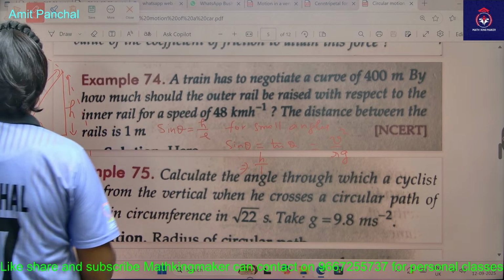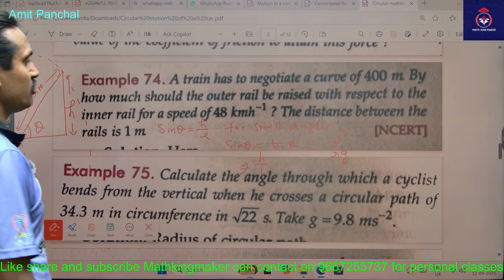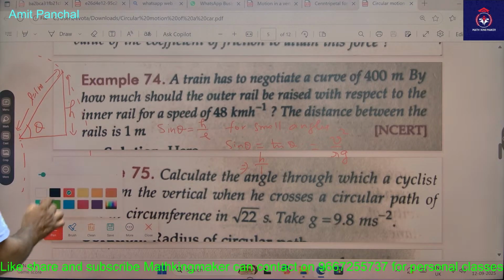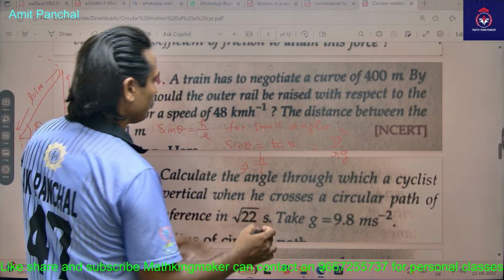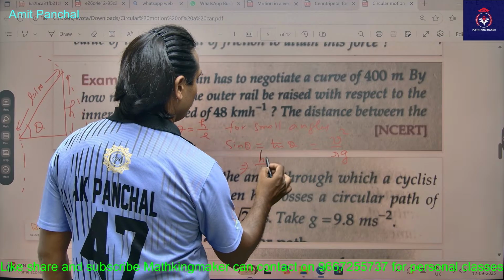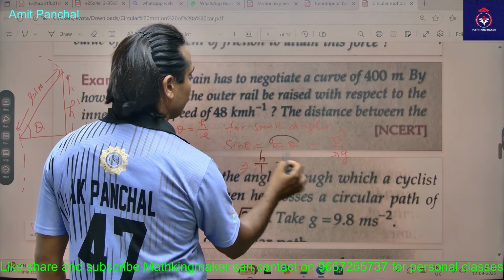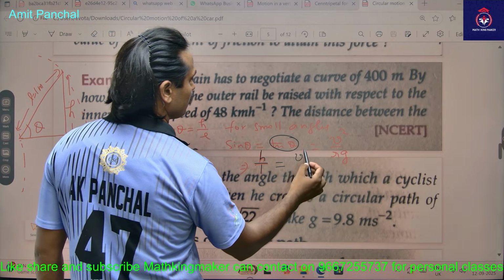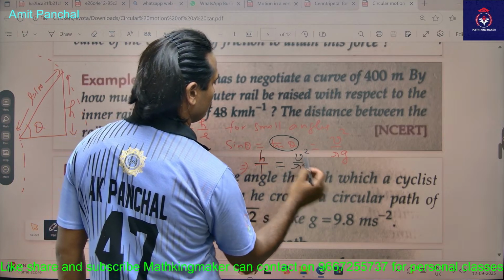Tan theta is h by 1 and it should be equal to v square by rg.